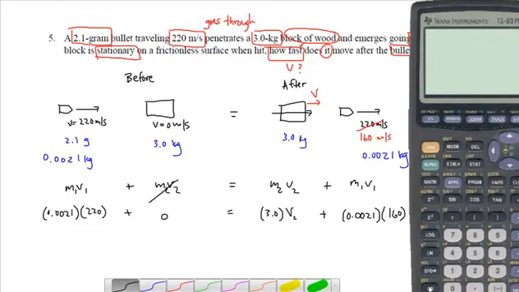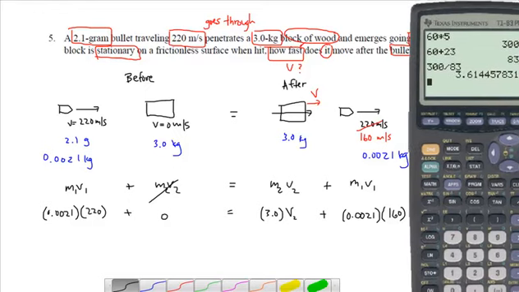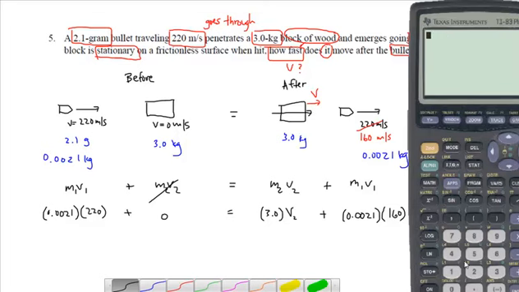So let's calculate some of this. 0.0021 times 220. Over here in the beginning, I only had this much momentum. I'm going to keep this v2 over here, and 0.0021 times 160 is the new momentum of the bullet.